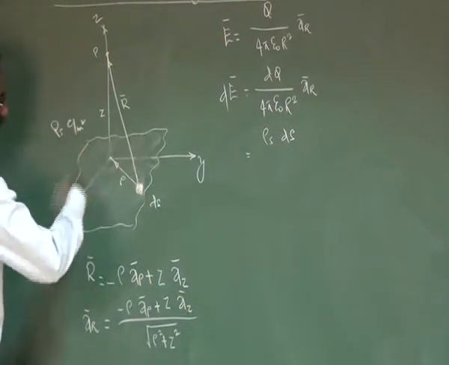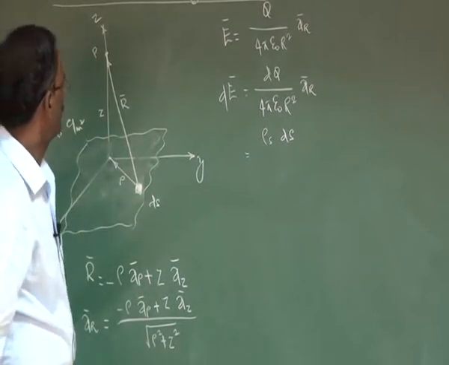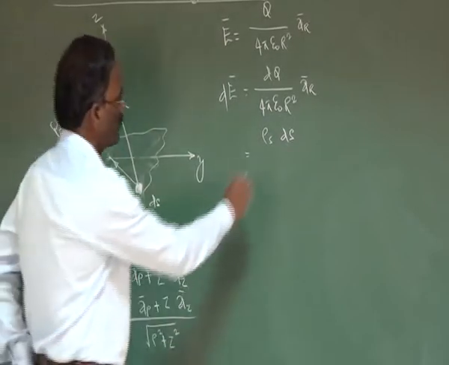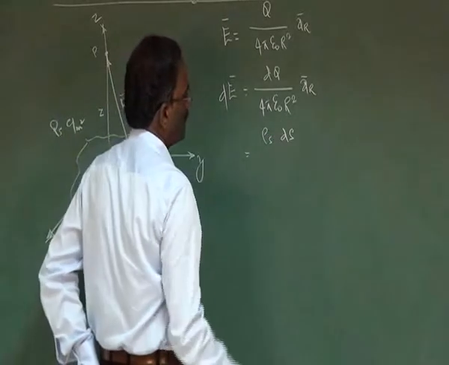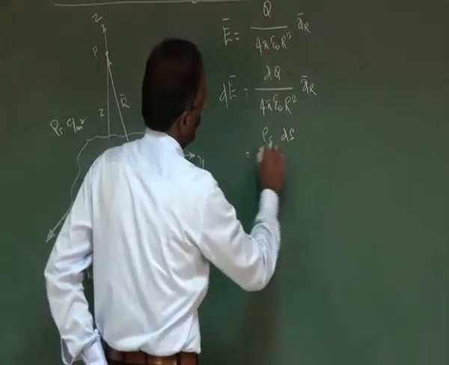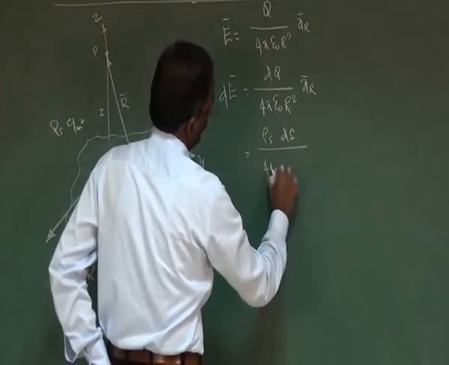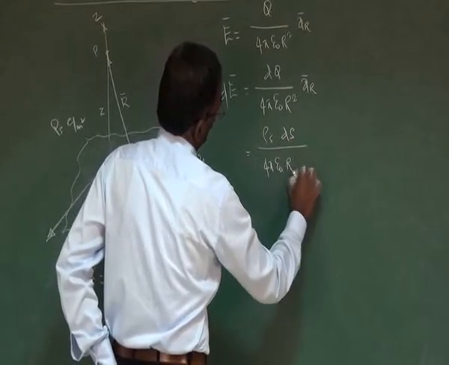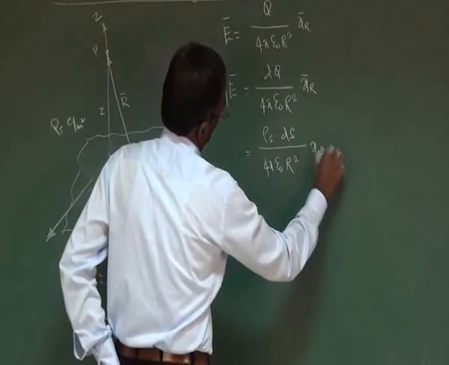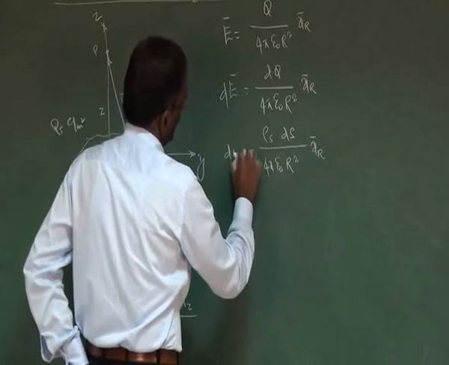The charge available on the entire sheet of charge is rho s coulomb per meter square. So coulomb per meter square multiplied by meter square, you will get q, rho s ds divided by 4 pi epsilon O r square a r bar. This is our dE bar.